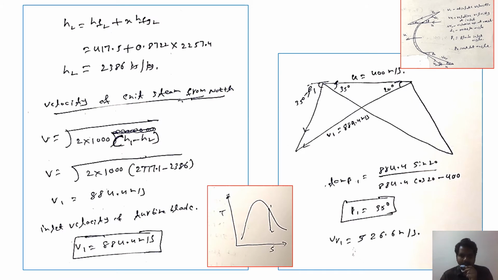Now let us find the enthalpy value at point 2, at the exit of the turbine. We can write H2 equals HF2 plus X into HFG2. Here also we have to refer to the steam table at 100 kilopascal, because the pressure at the exit of the turbine is 100 kilopascal, which is given in the problem.